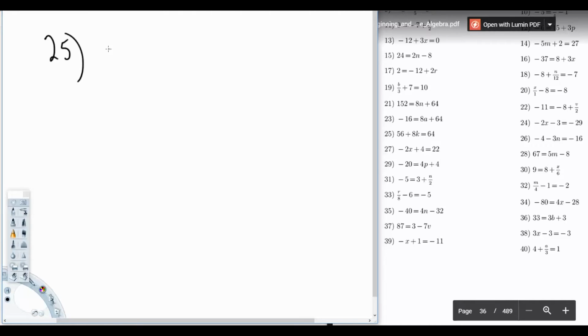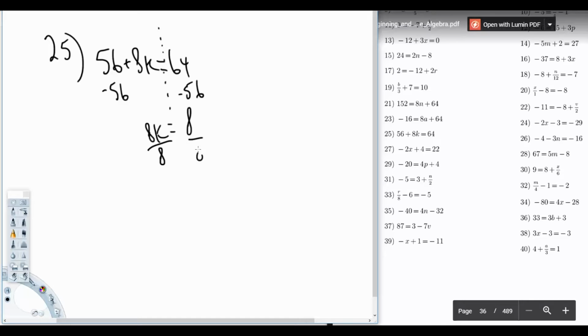25. 56 plus 8k equals 64. All right, so we have here the 56. We'll do minus 56, minus 56. 8k equals 64 minus 56 equals 8. 8k divided by 8, 8 divided by 8, k equals 1, right?